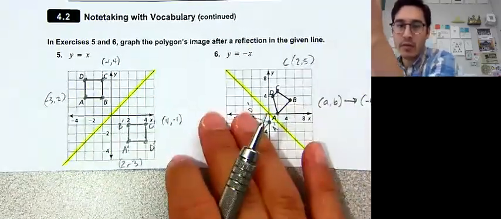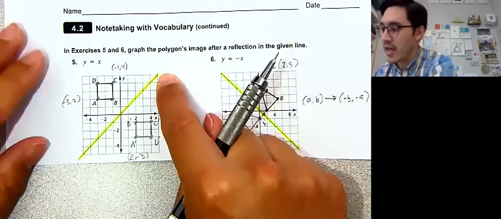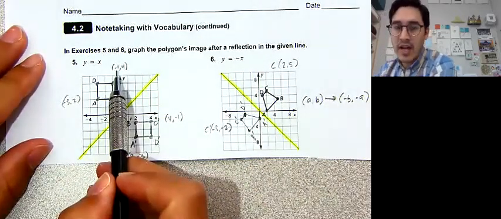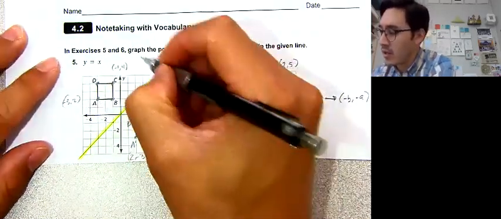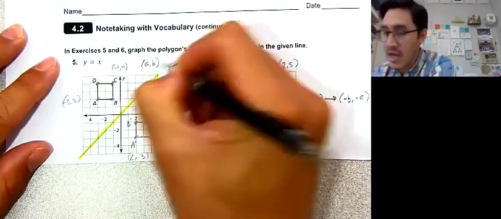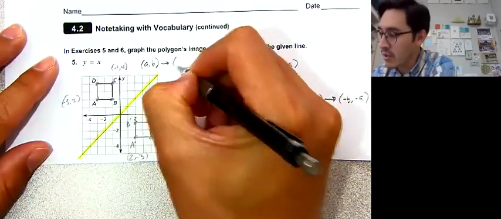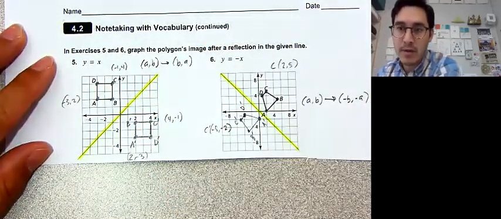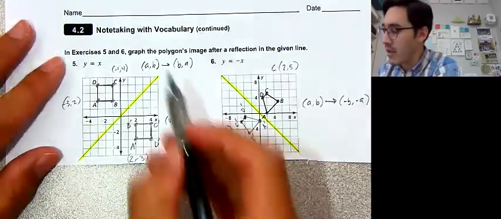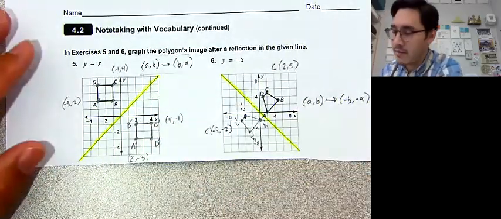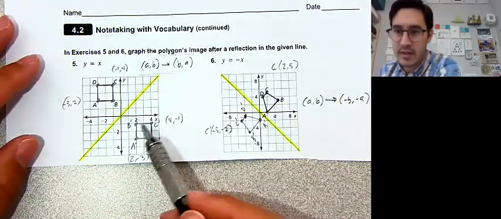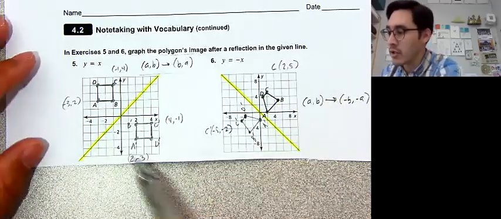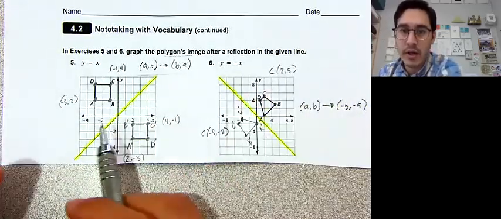Okay? And then if we go back to the first problem, if I want to create a rule for reflecting across this line, I see that the only thing that happens is the coordinates swap positions, okay? So if I have A and B as the original coordinates, then I'm just going to swap them to become B, A, okay? All right. I personally don't have these rules memorized. My approach is I'm a much more visual learner, so I like to actually perform the reflection.